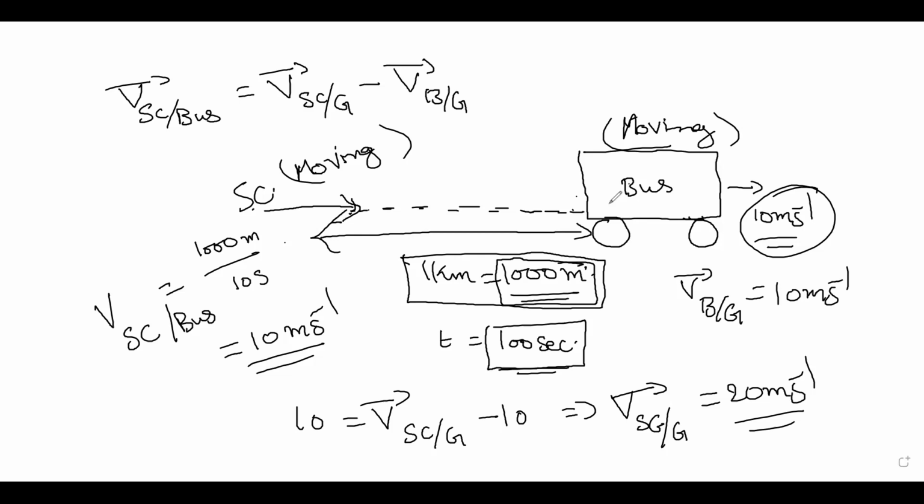Both are moving on the road. So you can think that they are maintaining this 1000 meters because they have the same velocity initially. Because these velocities are same, the distance is remaining constant.